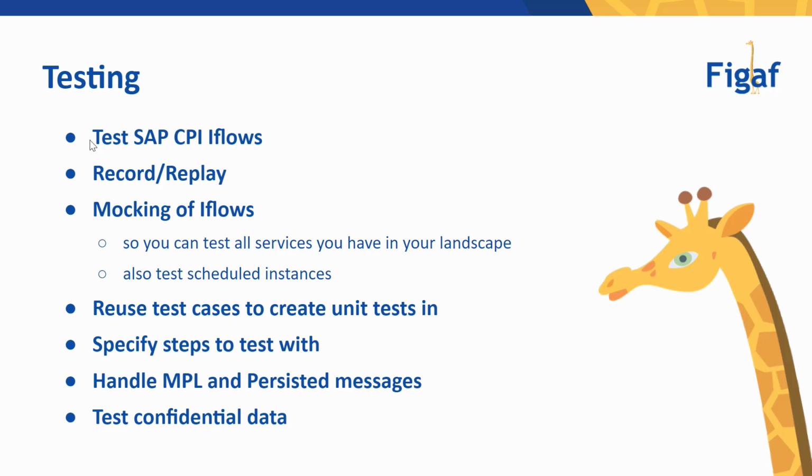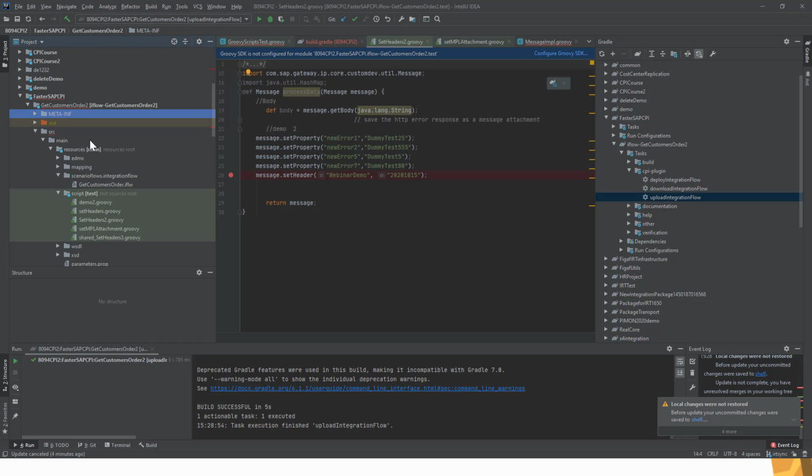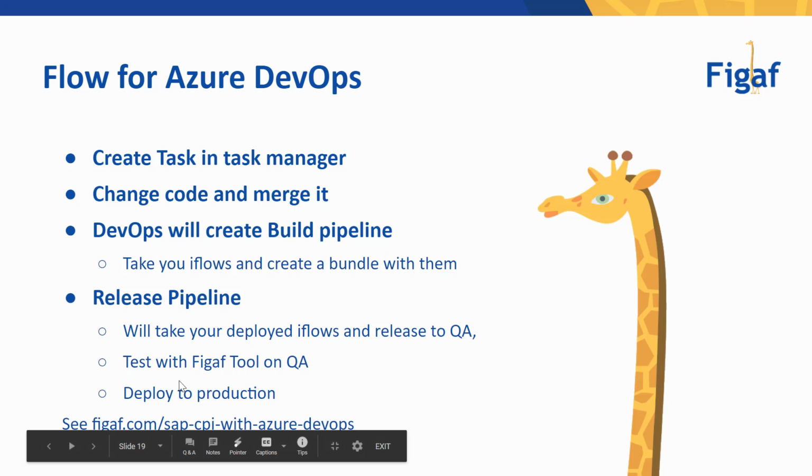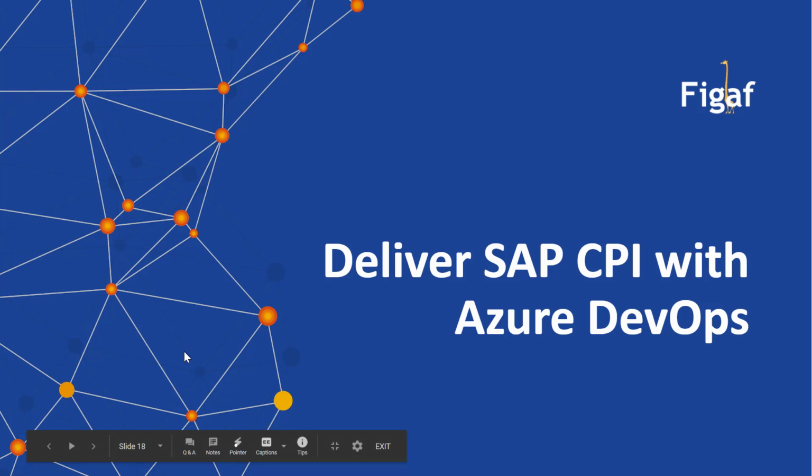But yeah, I wanted to make it easier, and there's obviously something a little challenging with this, and that's setting up a mock service, handling the calls to all these external services if they're not really available. And then you can reuse these test cases and put them into your Git repository. Then you can handle the MPL attachments and persistent messages.